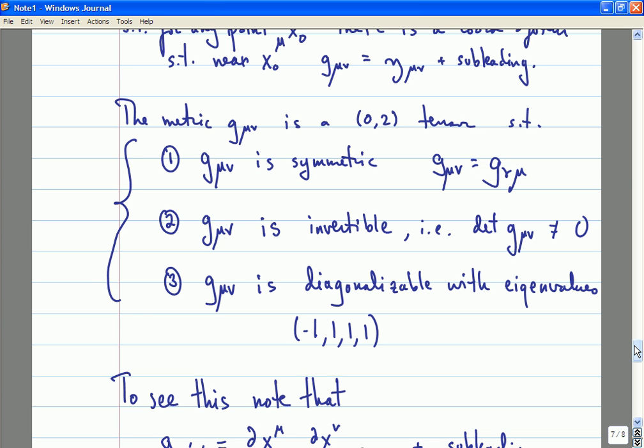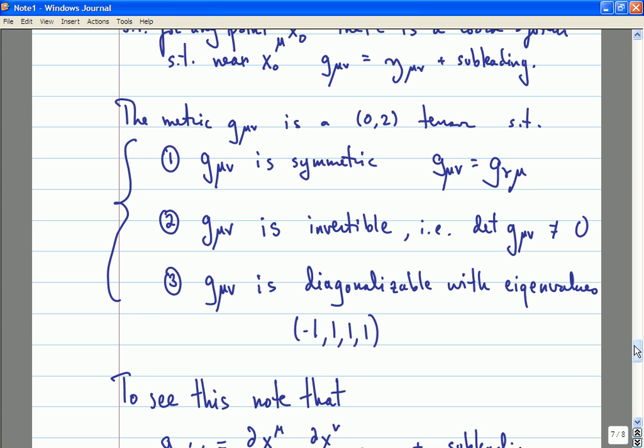If I wanted to be more proper, I should say that G mu nu is diagonalizable with eigenvalues, one of which is negative, the rest of which are positive. Because the actual value, I can find a coordinate system where the eigenvalues take this form, with minus 1, 1, 1, and 1, but that's not a particularly important statement. It's the signs that are important.